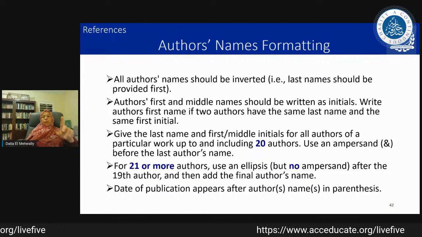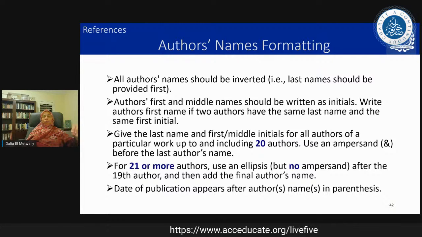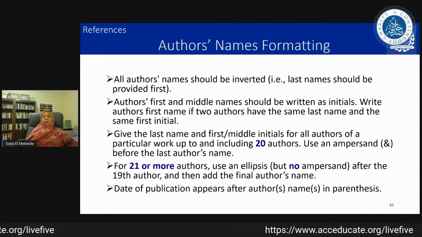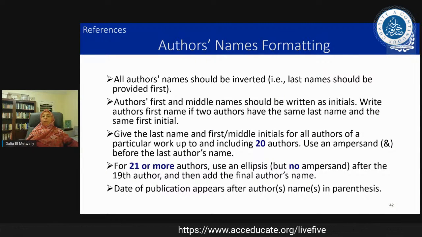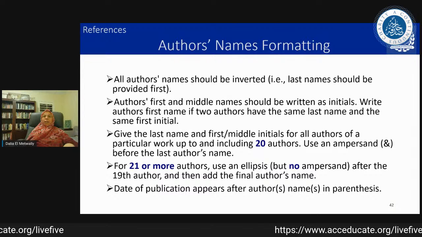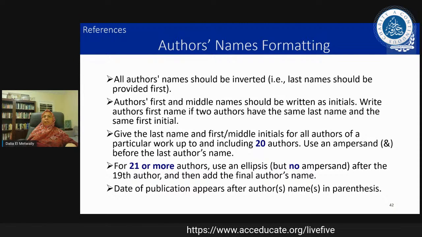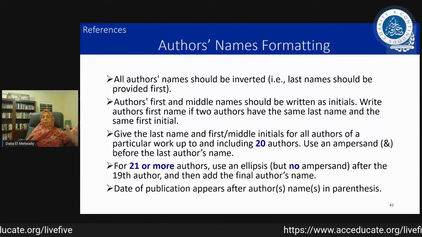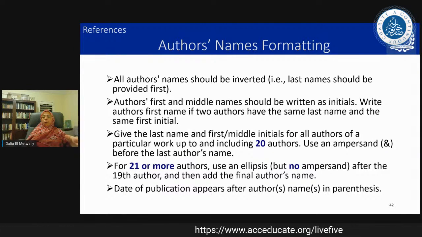If we actually have 21 or more authors, we are going to use ellipses after the 19th name, but we are not going to put an ampersand. So the reader is looking at it and goes, oh, ampersand, that means this is the last name. Oh, now I can see dots, ellipses, and no ampersand. That means there are way more than 21.